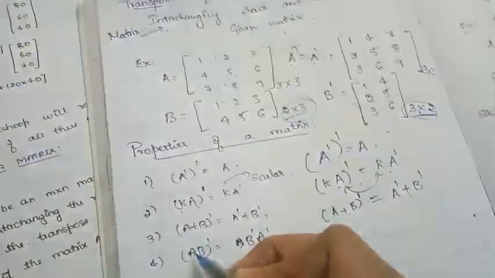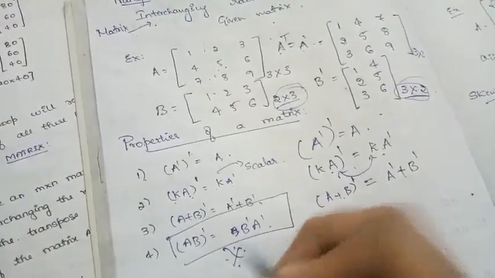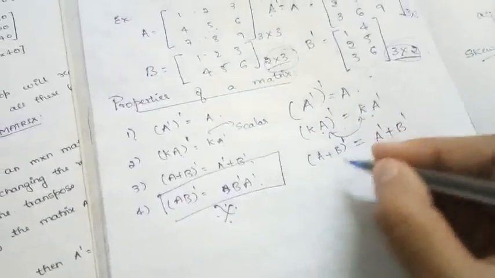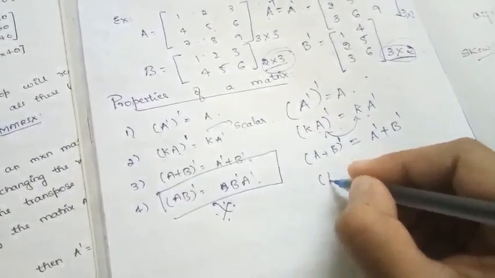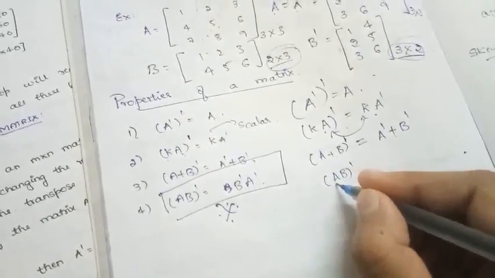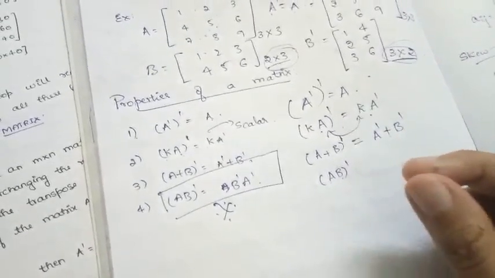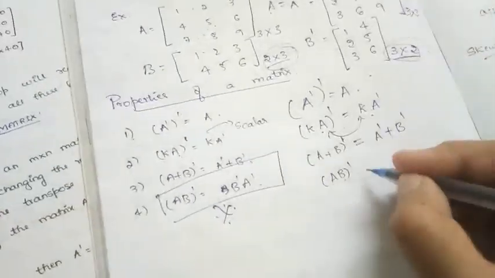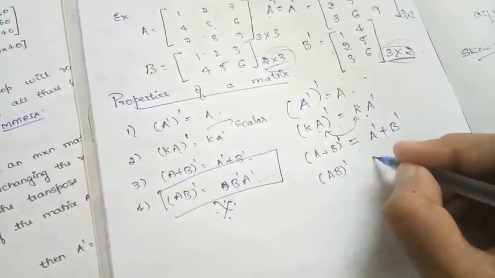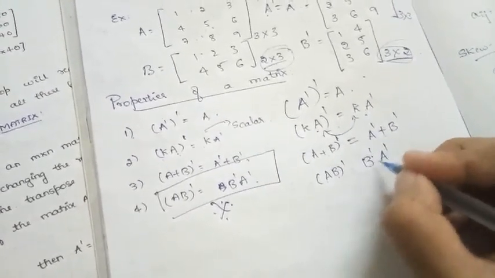The fourth property is a very important property when it comes to the transpose of a matrix. Please remember this property: AB whole transpose. We consider matrix A and matrix B, multiply them, and take the transpose, which is equal to taking the transpose of each and multiplying.